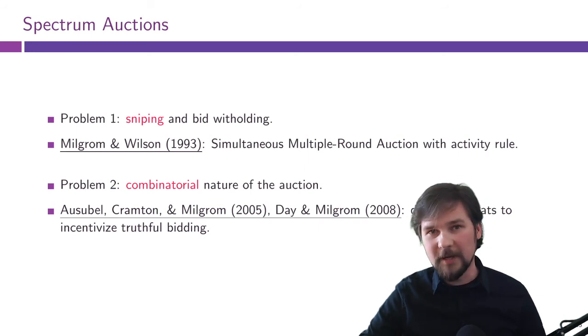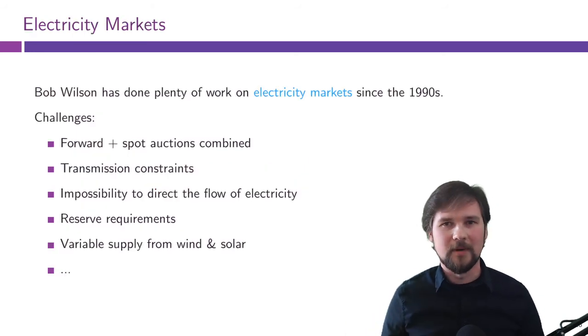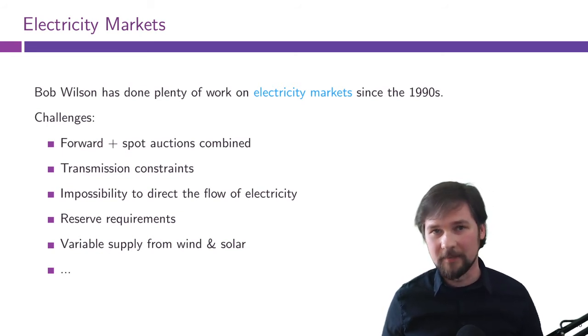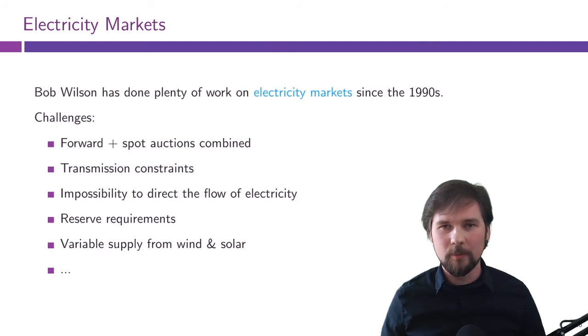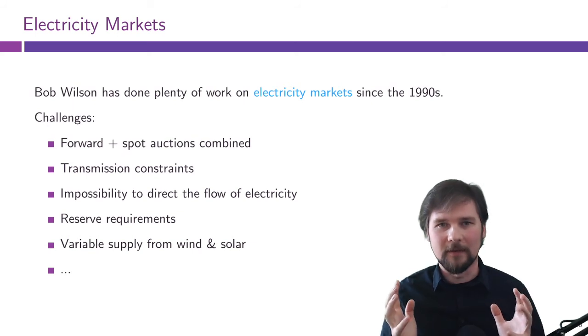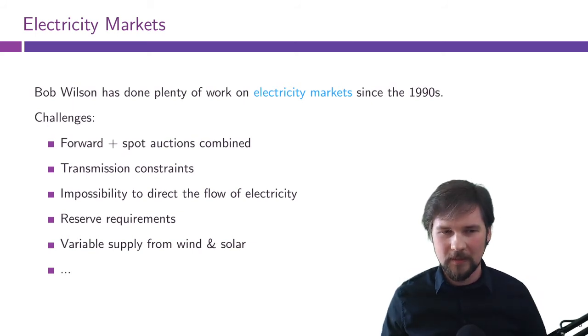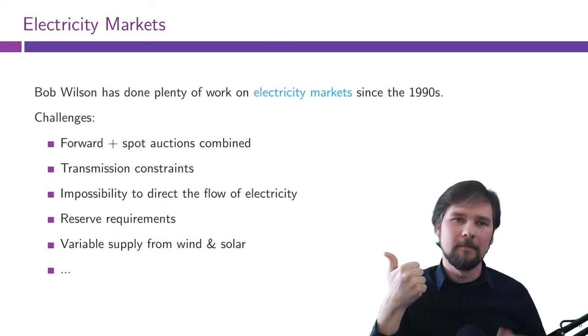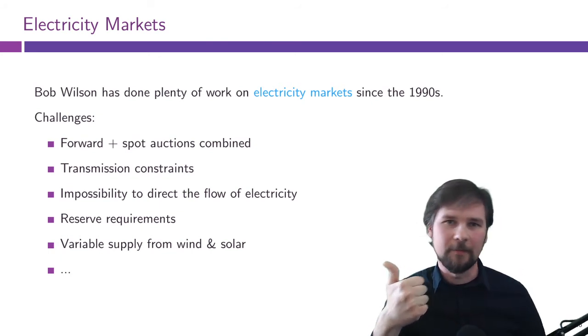Now, moving on from spectrum auctions, another market that has benefited greatly from our laureates' activity is electricity markets. Bob Wilson in particular has done plenty of work in electricity markets in the past 30 years. And electricity markets are insanely difficult and insanely complicated because there you must have demand and supply balanced at every point in time.